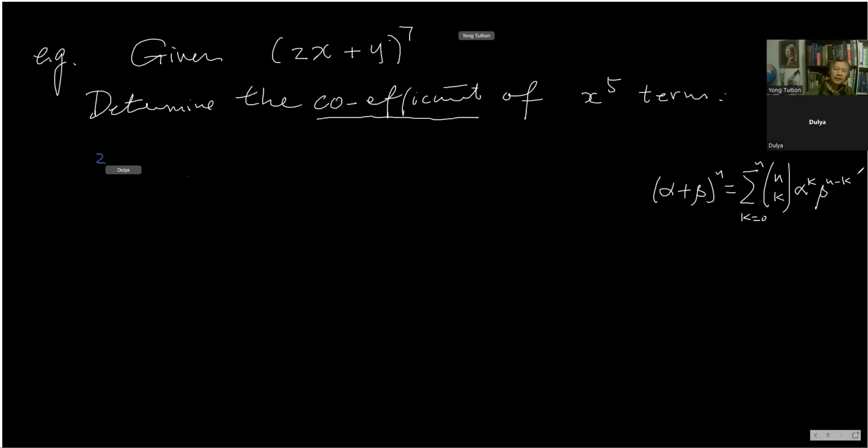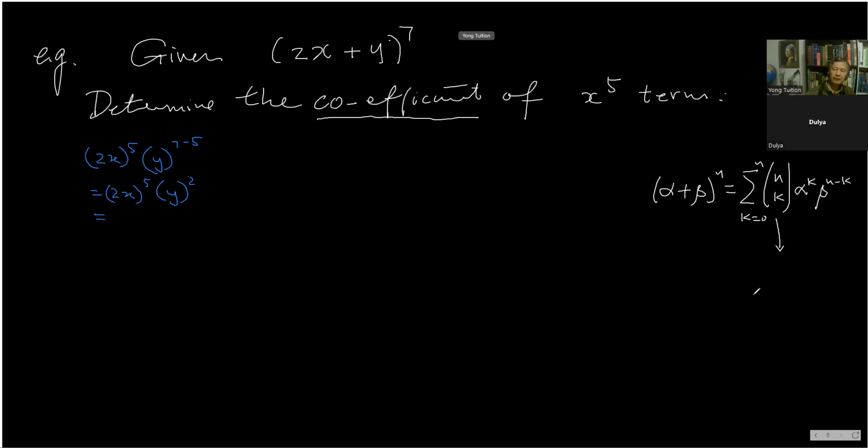Yes, the coefficient is just that combination formula. Do you remember? So this is the coefficient. Can you see? Good idea. Yes, this is the term we are looking for.